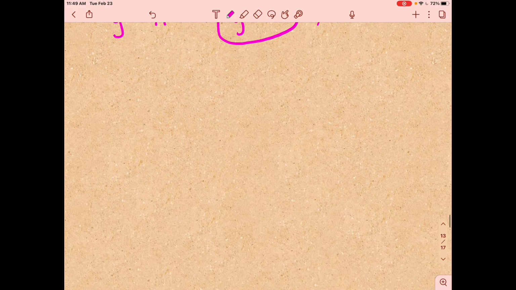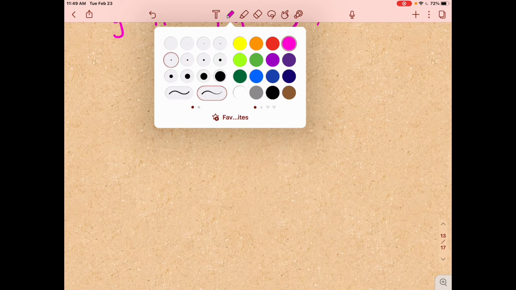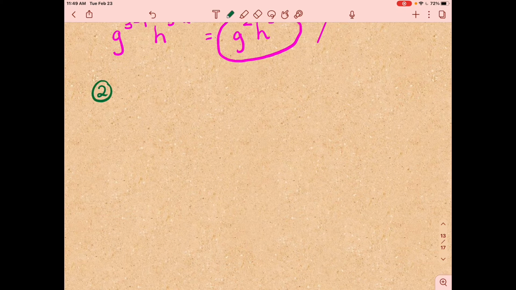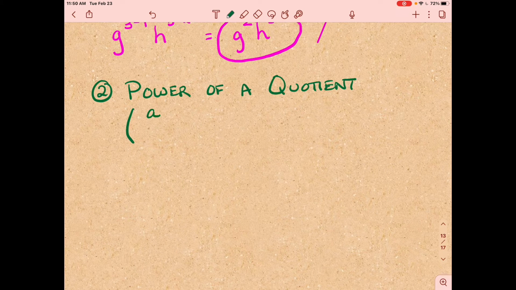All right, let's move to the power of a quotient. So you're writing this down. Hopefully you're writing down as much of this as you can. And this is what happens when we have something in parentheses. So we might have A over B, and then we have an M on the outside.